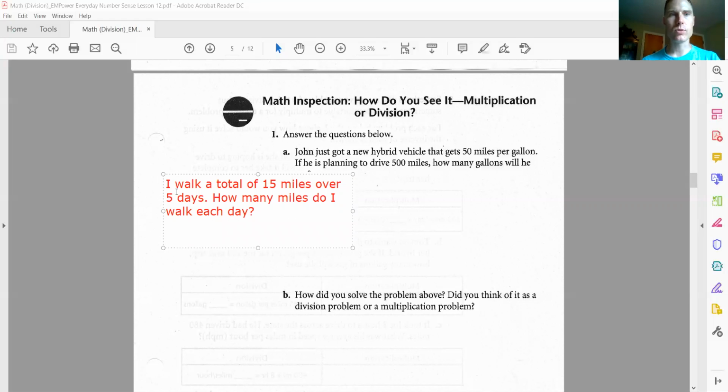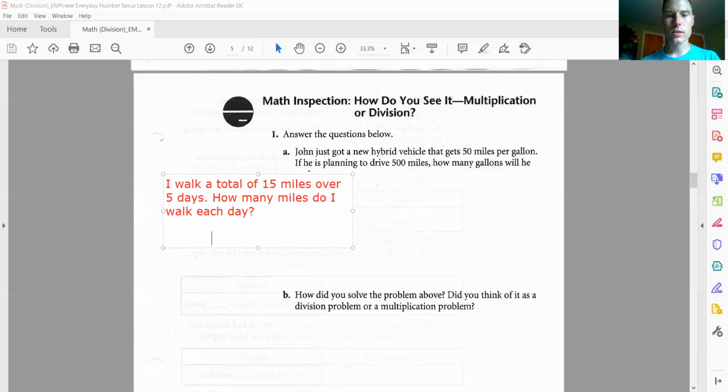We use these terms expression and equation, and they're very similar. In fact, they almost look exactly alike. So I'm going to type up an equation because it has the equal sign, but we're going to have to fill in the number here. When we see the word total, that should make you think equals.